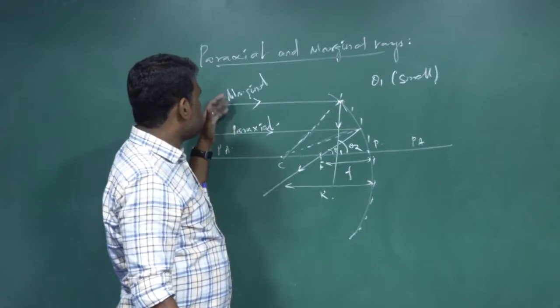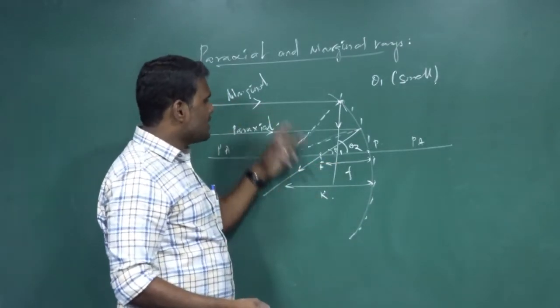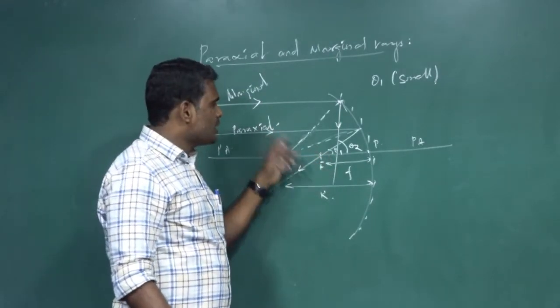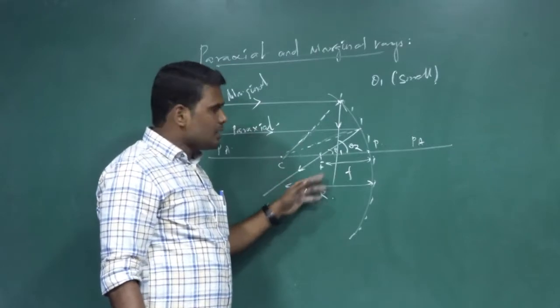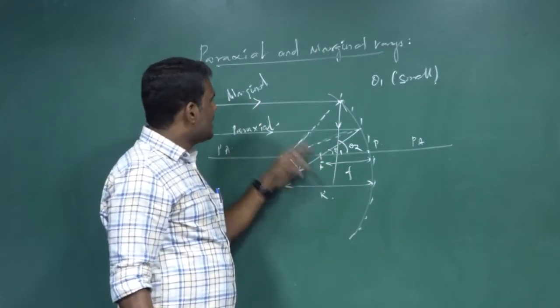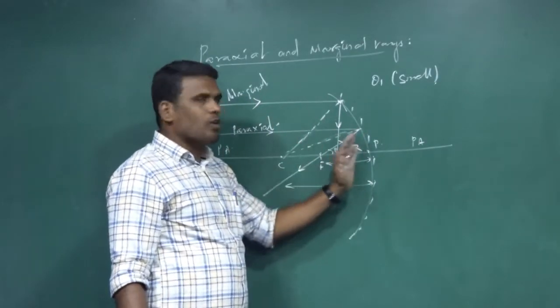The behavior of paraxial and marginal rays is entirely different. See, the two rays are not exactly passing through the same point on the principal axis. Paraxial rays are passing through F, and the other ray is passing somewhere between the principal focus and the pole.